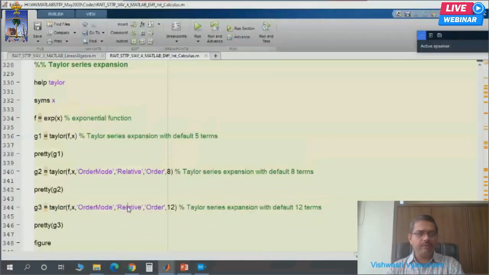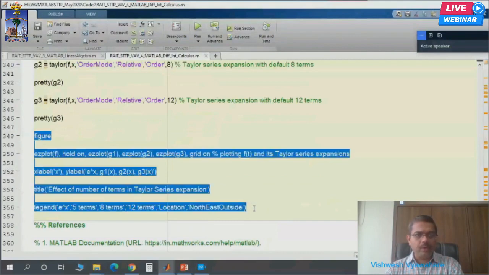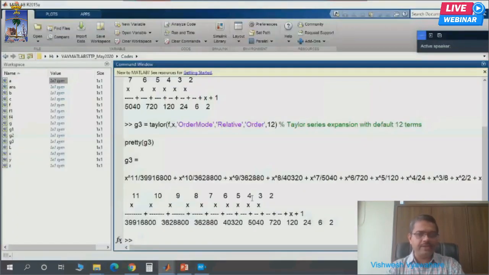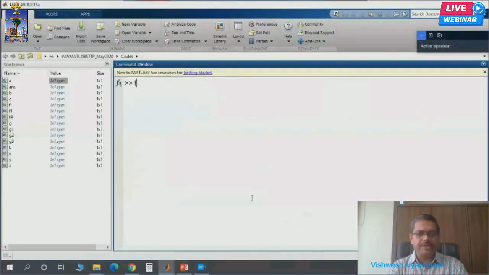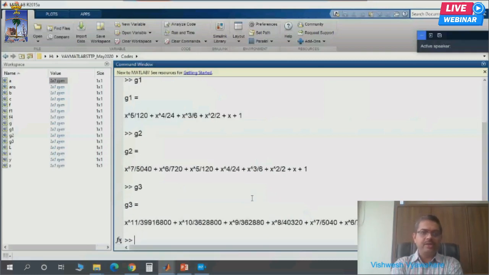Now we are doing an interesting thing. Now we are going to plot the original function, which is e to the power x. This is my f, this is my g1, which is 5th order, this is g2, 7th order, this is g3, 11th order.